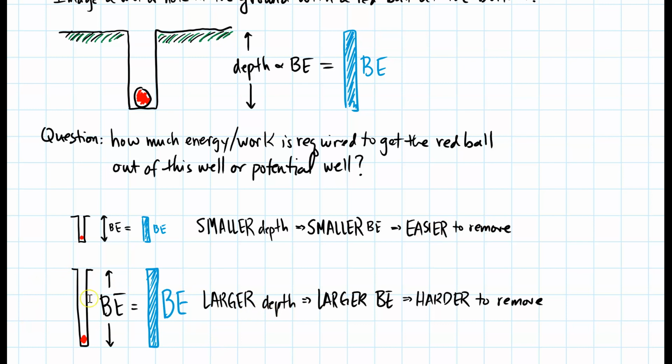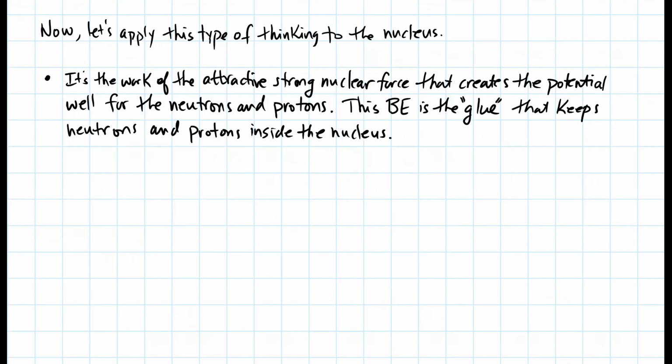If I have a larger depth, then I have a larger binding energy, and therefore it's harder to remove. Let's apply this type of thinking to the nucleus. It's the work of the attractive strong nuclear force that creates the potential well for the neutrons and protons. This binding energy is the glue that keeps neutrons and protons inside the nucleus.